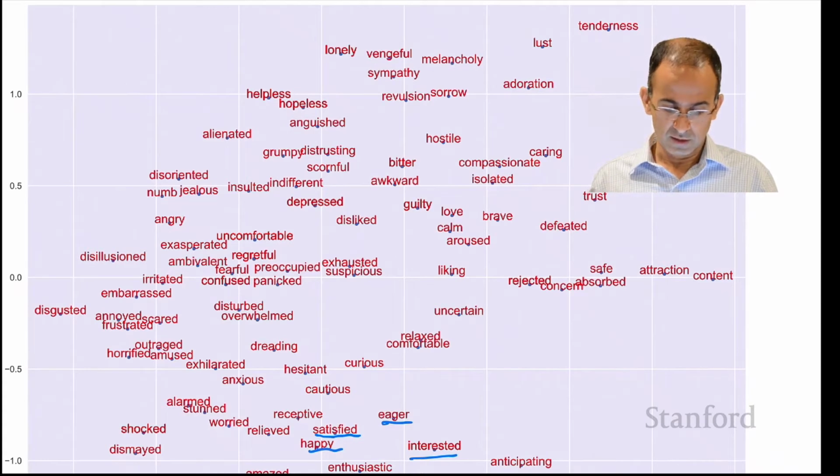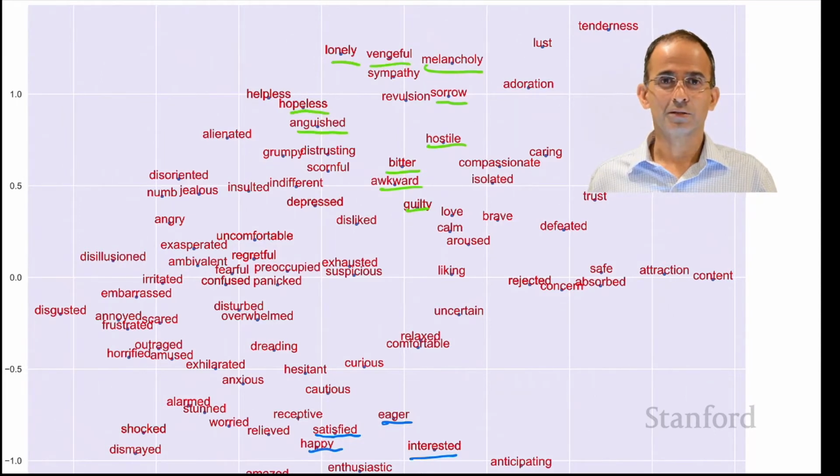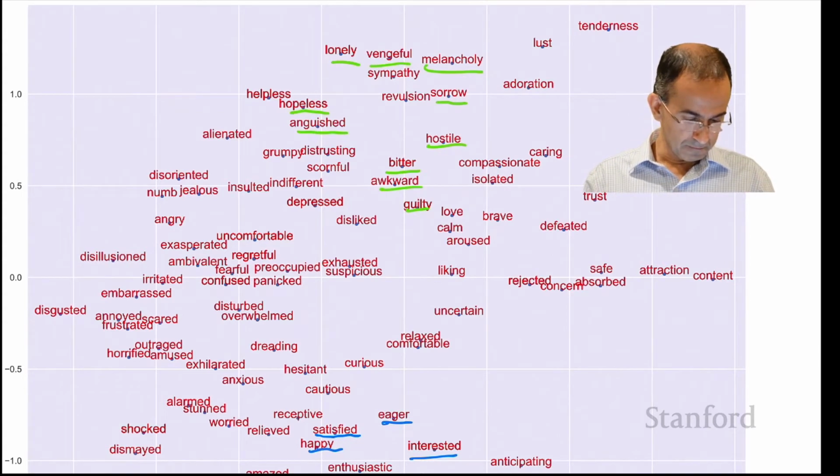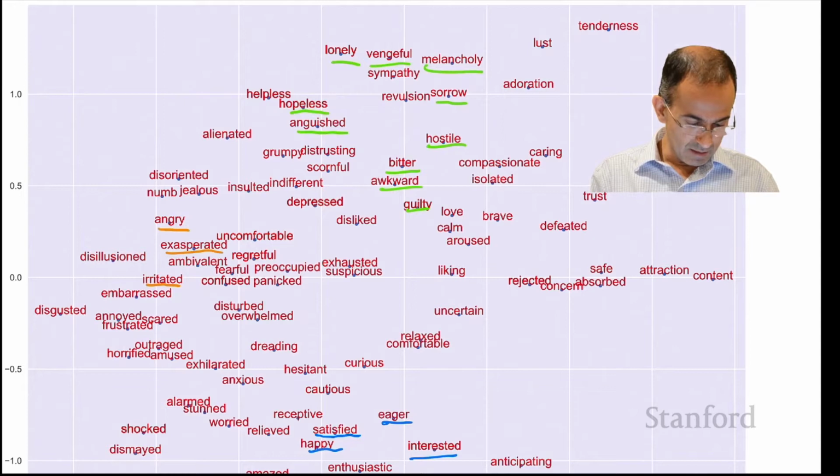We've also got melancholy, sorrow, hostile, bitter, awkward, guilty, anguished, hopeless, vengeful, lonely. All kind of negative words sitting at the top there. We've got some others: irritated, exasperated, angry, embarrassed, frustrated, scared.